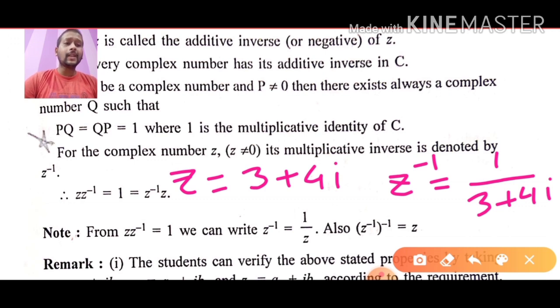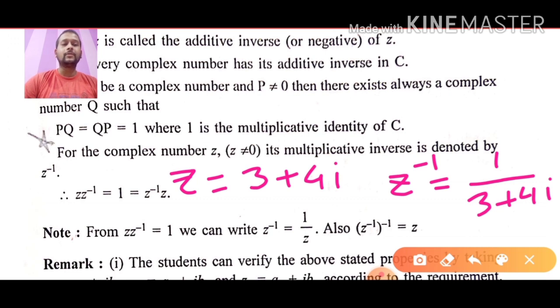As we have done rationalization whenever we have square roots, the irrational numbers we rationalize when they are in the denominator. Same way here, we will not say rationalize actually, here we have to remove the imaginary number. We cannot have imaginary numbers in the denominator.